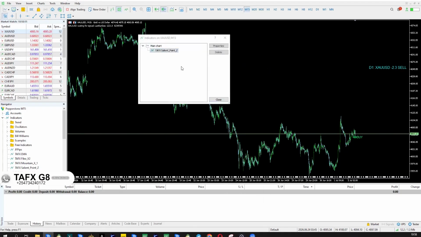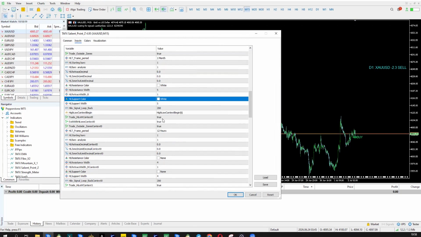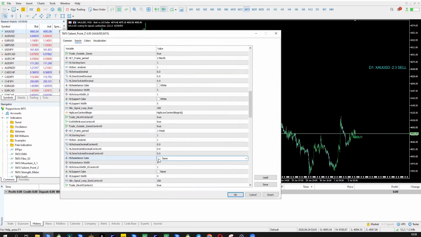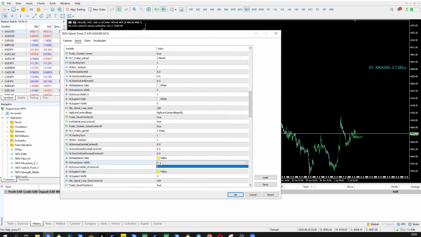Now let's go to a second one. This is white. Let's go for the second one, the weekly time frame, and let's set this to yellow in order to make you understand.